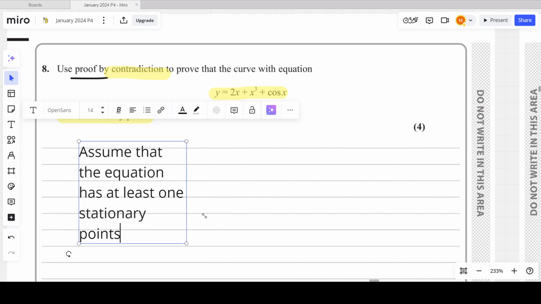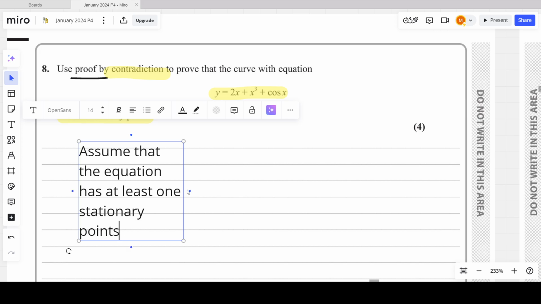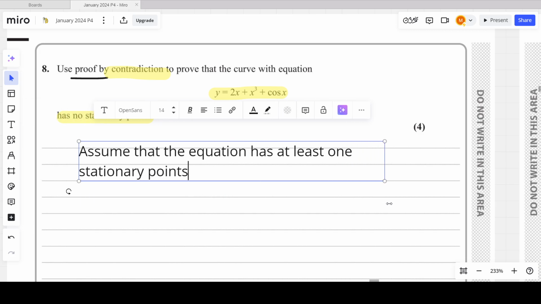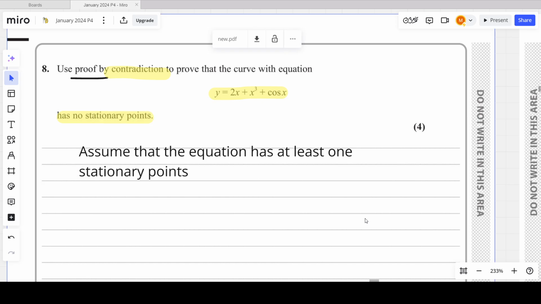We will say that the equation has at least one stationary point. Why am I saying at least? The reason is that they said no stationary points.